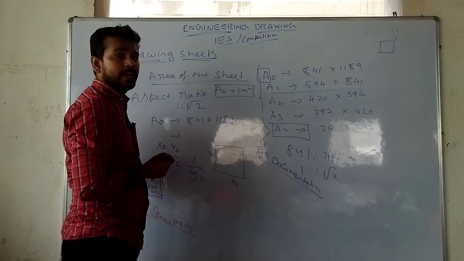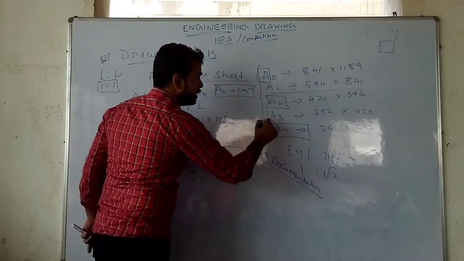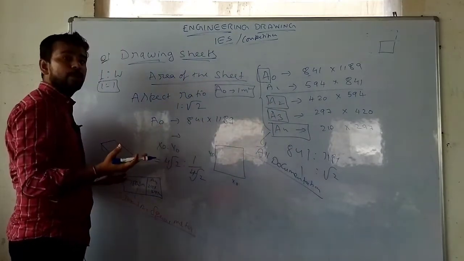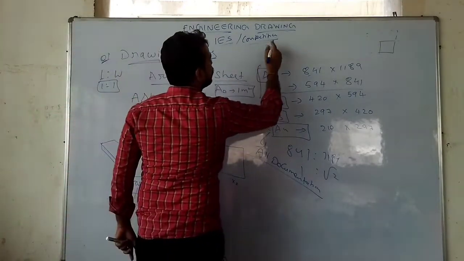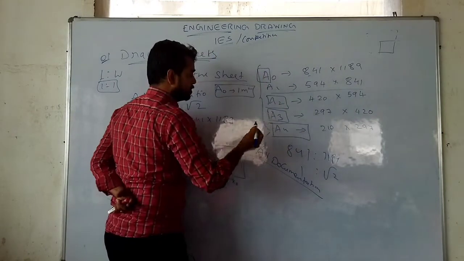So can we obtain A2 sheets from A0? Yes, of course. Then can you obtain A3 sheets from A0? Yes, of course we can. But how can we obtain them? I will give you one question.